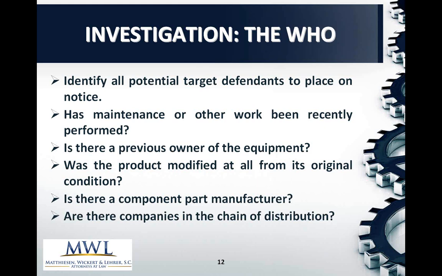Is there an installer that recently installed the part? All of these parties should be placed on notice so that if they want, they can come and take a look at the evidence while it is still in the field, if possible. If it's just a supply line per se, invite them to any sort of testing or inspection that you want to do after the fact.